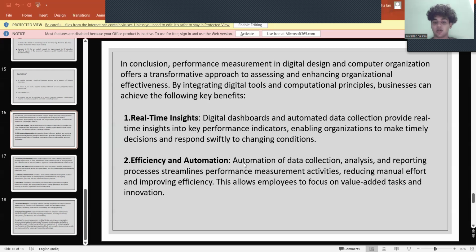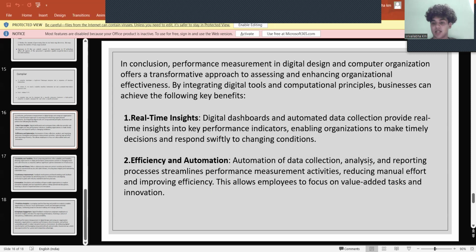Next, efficiency and automation. Automation of data collection, analysis, and reporting processes streamlines performance measurement activities, reducing manual effort and improving efficiency. This allows employees to focus on value-added tasks and innovation.